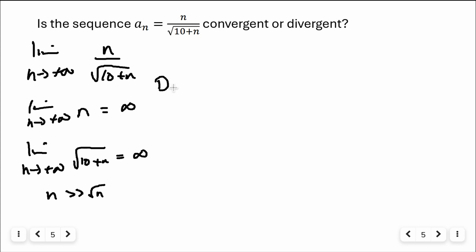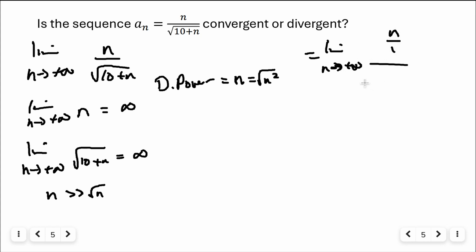Or you can, again, divide by the dominant power. The dominant power is n, which is the square root of n squared if you're going to put it in the square root. So if we were to do that, we'd have n divided by n over the square root of 10 over n squared, because that n squared is going inside the square root.